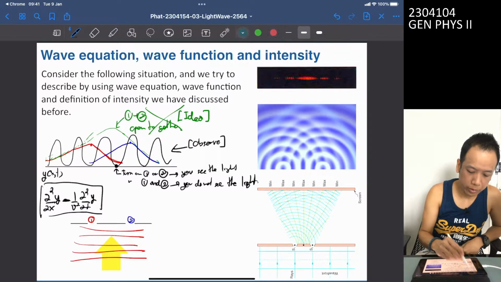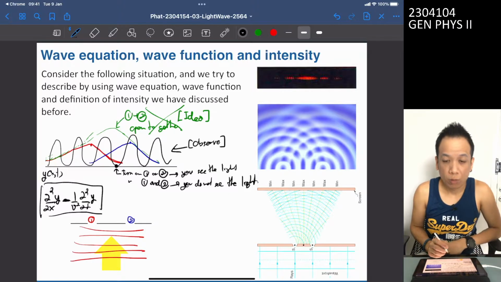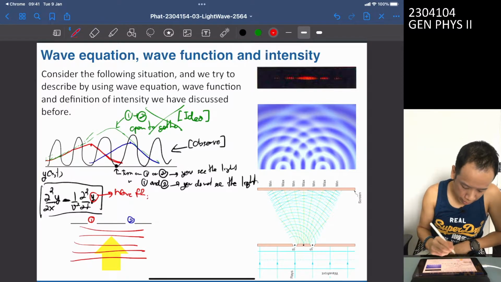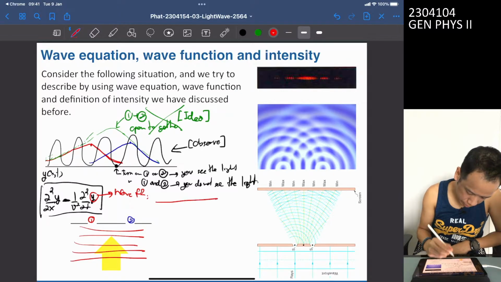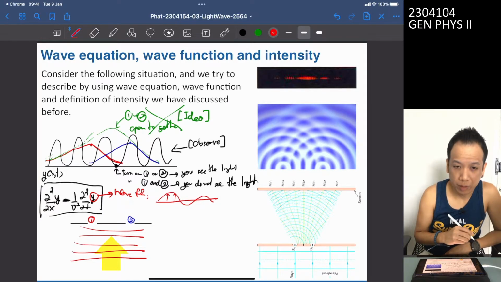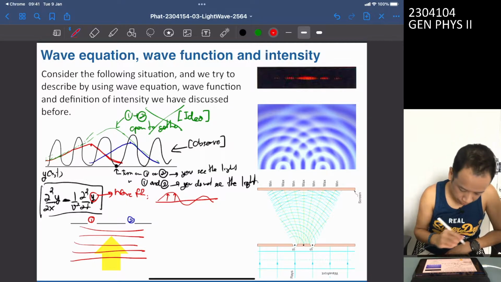So what is y? y is the wave function, which, if it's a string wave, is how much it deviates from the equilibrium.